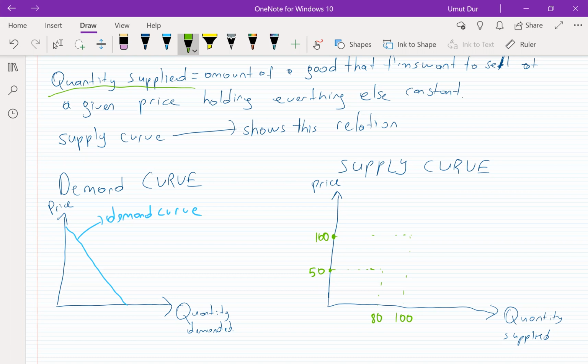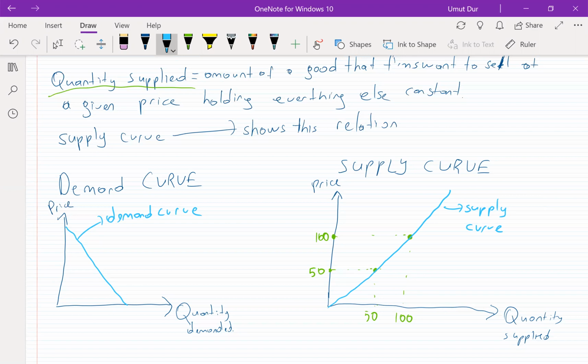Let's make it more clear: it says I would like to supply 50 units. And I keep going on asking the same question to the firm for different price levels. At the end, I will have some dots here, and I will connect those dots, and this will be the supply.